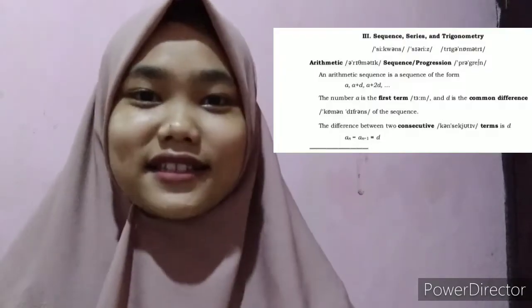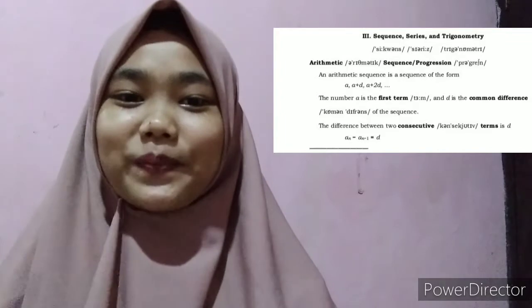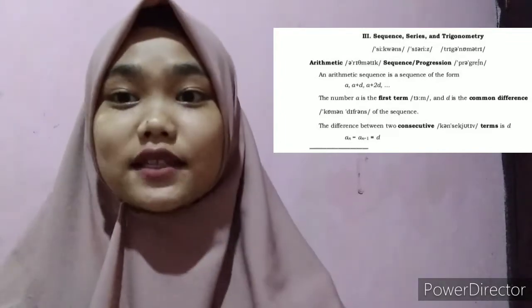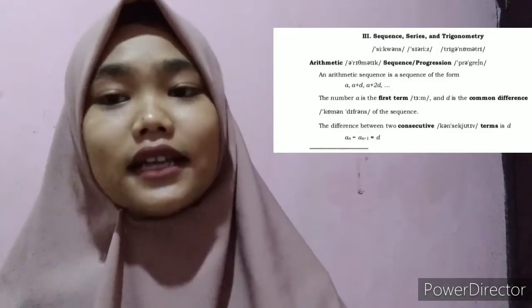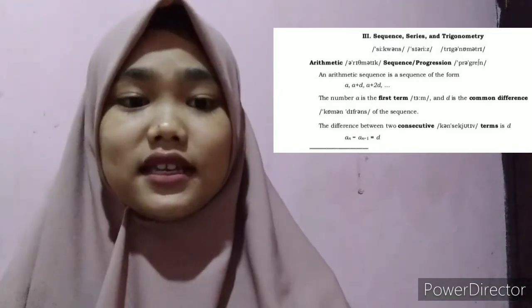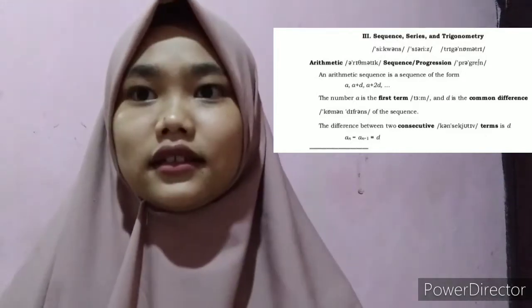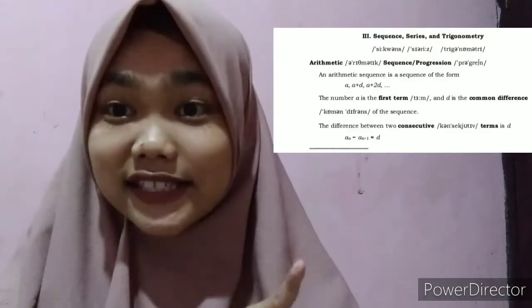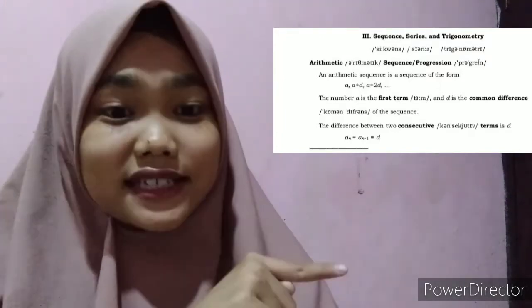For more detail, see the PowerPoint. Okay, let's start. Sequence, series, and trigonometry. Arithmetic sequence or arithmetic progression. An arithmetic sequence is a sequence of the form a, a plus d, a plus 2d.